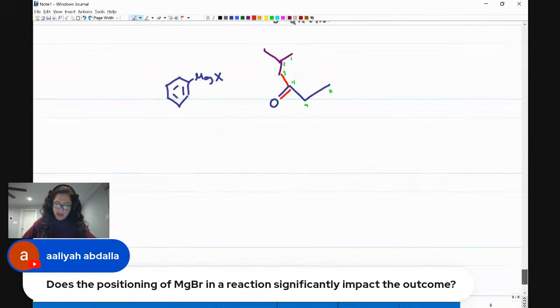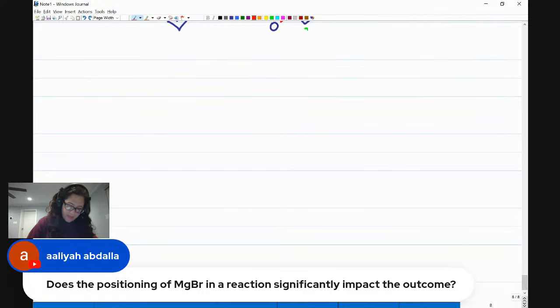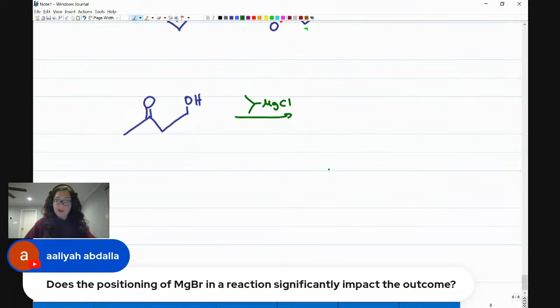What if I give you a molecule that looks like this? So I have a carbonyl right here and an oxygen right here. And I want to react it with an isopropyl Grignard, MgCl. If we use the shortcut that I showed you, then you would imagine that you break the pi bond, you redraw the carbon skeleton as you see it.